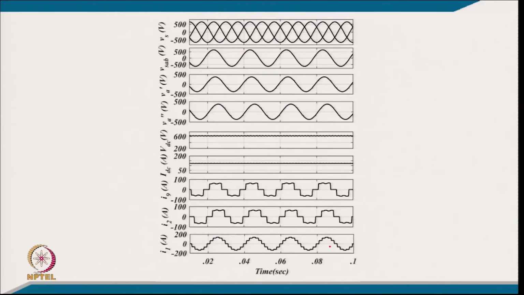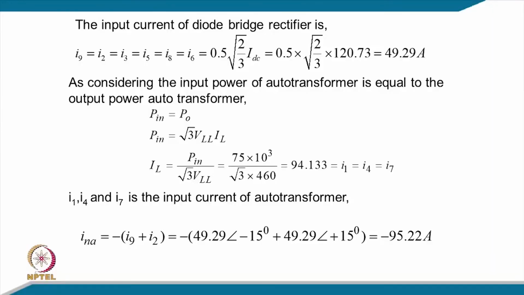So, we get the DC link current, and after making the model, this is your 3 phase supply voltage, these are the phase shifted voltages, and this is the DC load voltage and load current of the DC side, and the 6 pulse converters of 2 separate phase shifted, and this is the line current finally in this 12 pulse converter. These are the currents you can call for the winding from the DC link current, which is quasi square wave for 6 pulse, and considering the power same on both sides, you can get the line current of this much ampere in all windings.